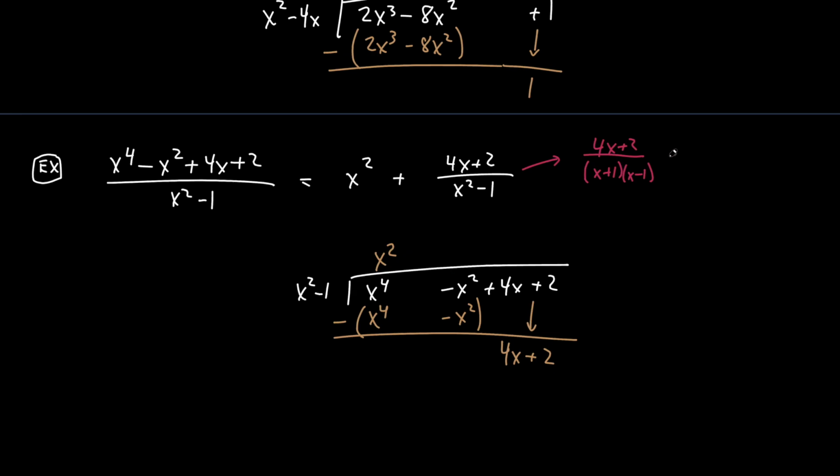Then this could be split up using partial fractions, right? You take x plus 1, you take x minus 1, we put an a and a b, we follow our flow, right? Perfect. So that is our partial fraction decomposition.